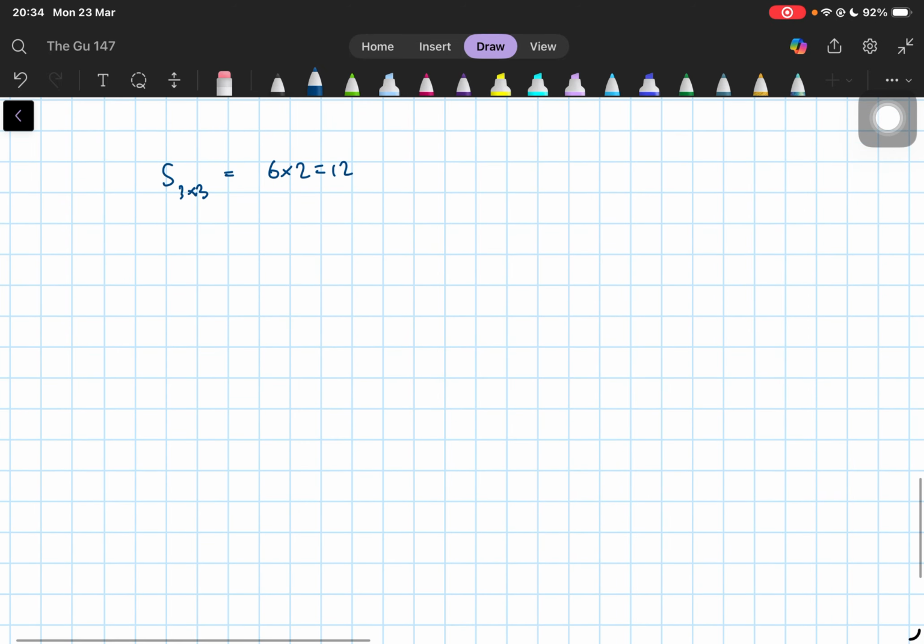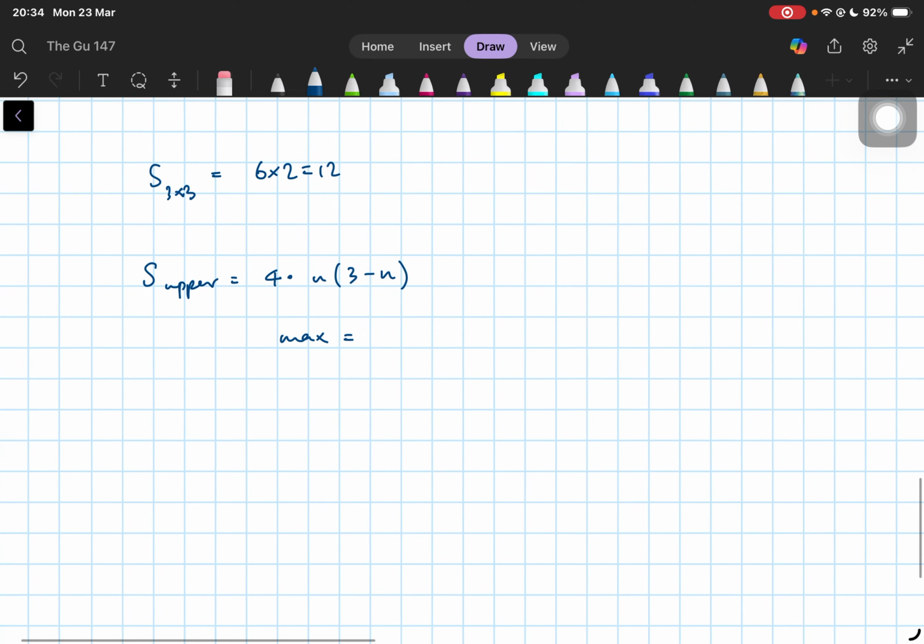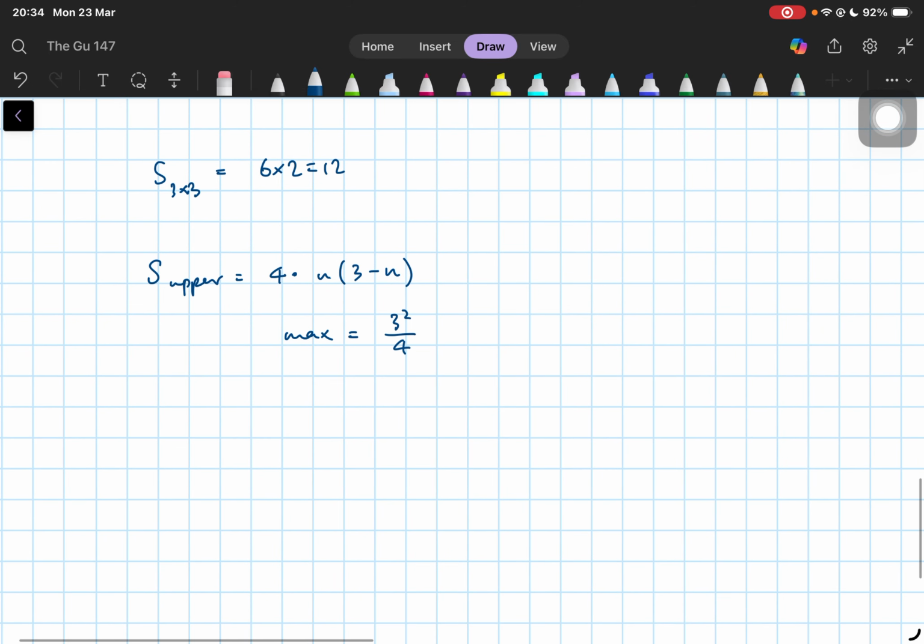And we could do the same. So S upper would be 4 times n times (3 minus n), where the maximum equals 3 squared over 4 times 4, which is 9. So 9 is smaller than 12, a contradiction.